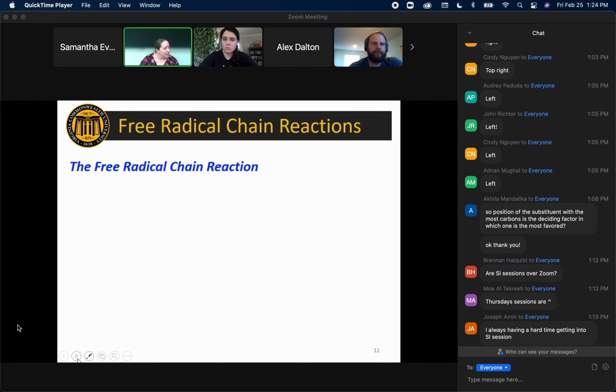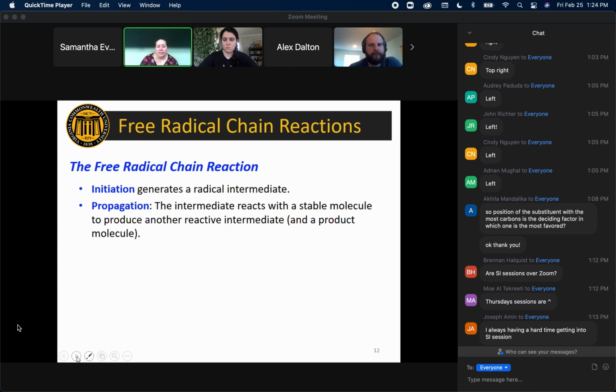So it's going to be broken down into three phases, if you will. The first phase is called initiation. In that phase of the reaction, we're going to take the starting materials and the reagents that we had, and we're going to generate a radical intermediate. That's the initiation phase. The second phase is called propagation, and that's the bulk of the reaction.